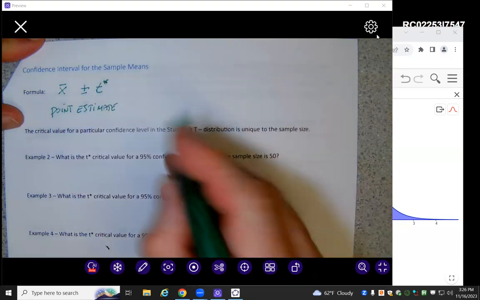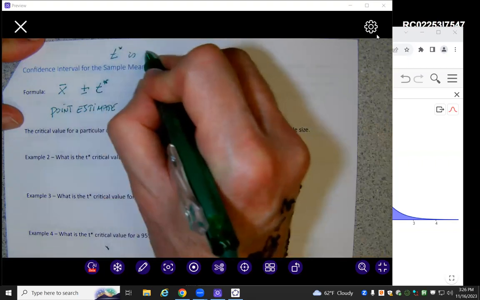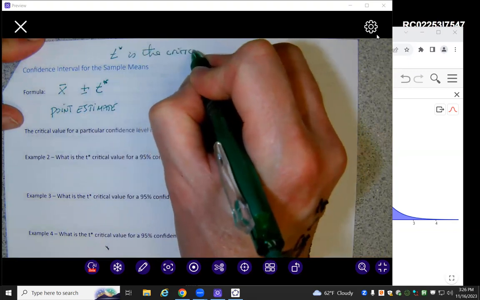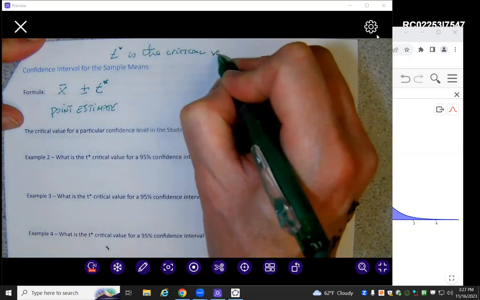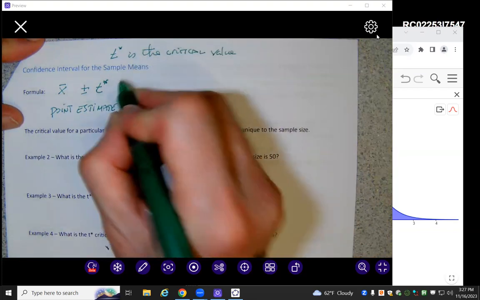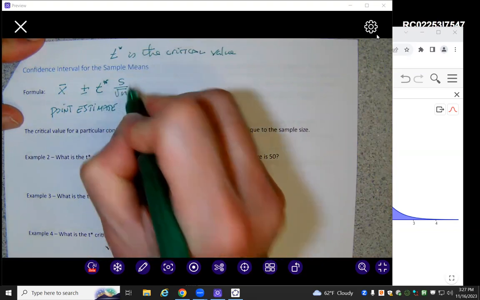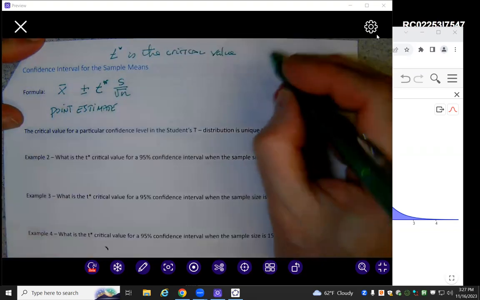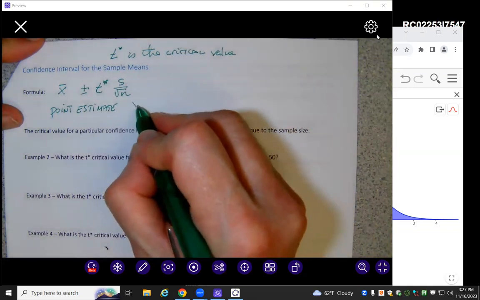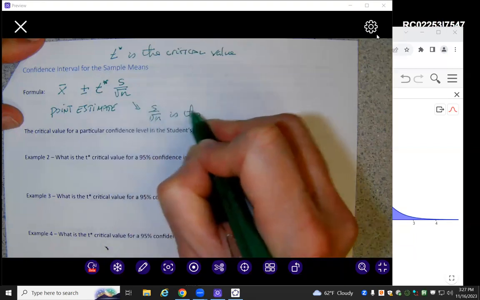So that's my point estimate. T star is the critical value. And finally, the standard error. The standard error is going to be S over square root of N. So critical value and then S over square root of N is the standard error.